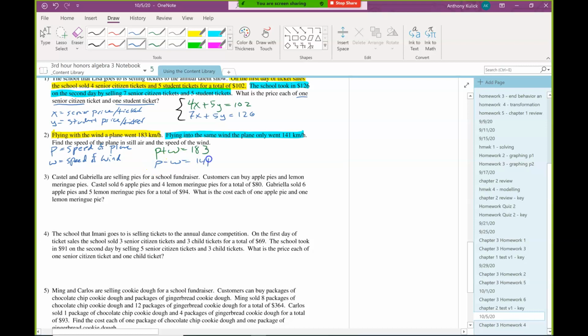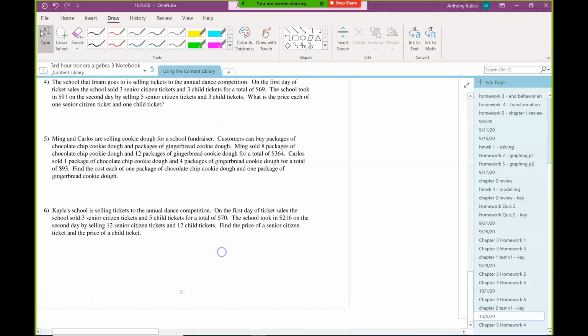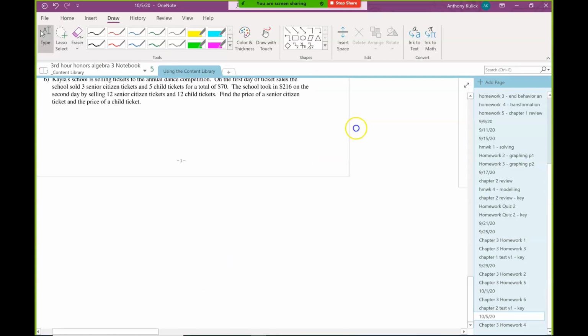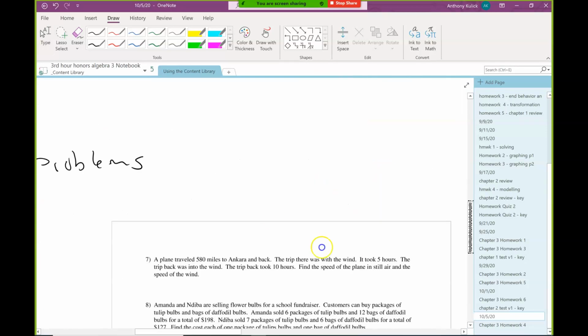Good. There's your system. And that should be pretty easy to solve for, right? The elimination is like staring you in the face. Does that feel okay? All right. Those all felt very similar. What do we have on this next page?